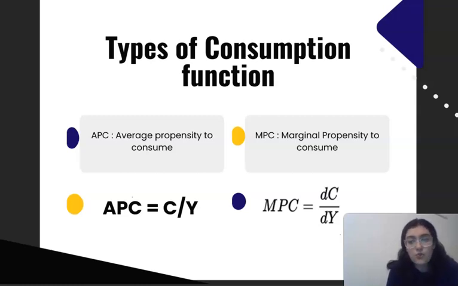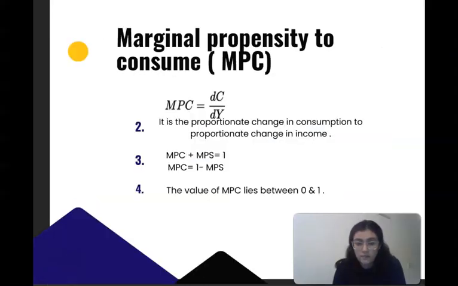MPC, as I just told you, is the rate of change in consumption due to change in income. So dC upon dY statistically means the change in consumption upon the change in income. So this is the formula for both.